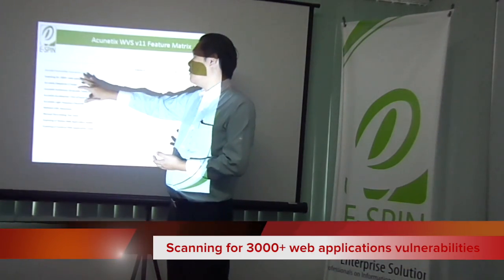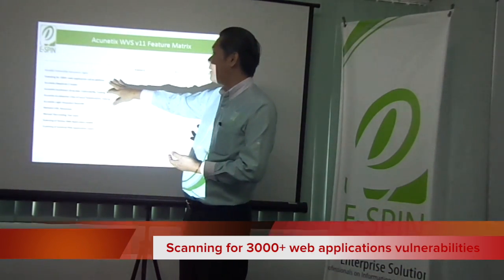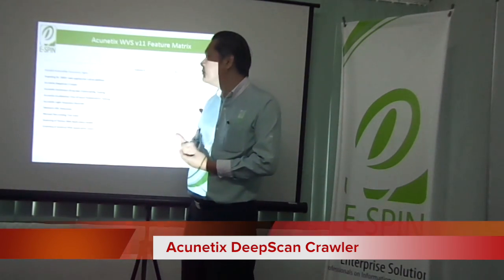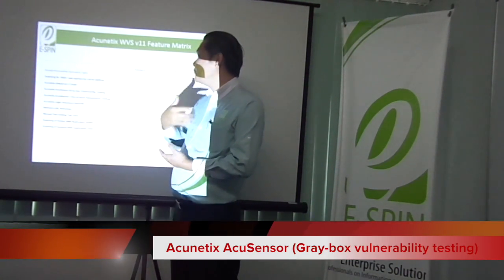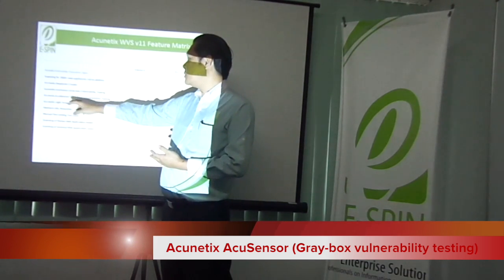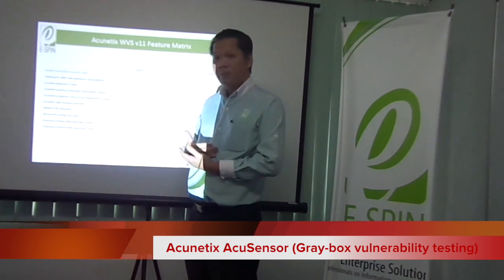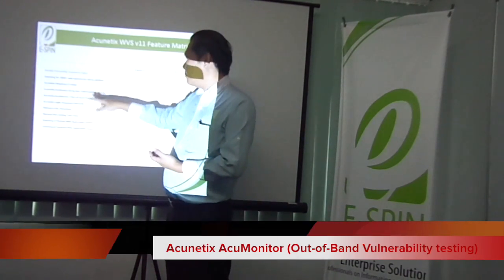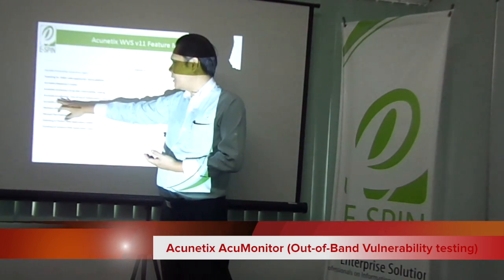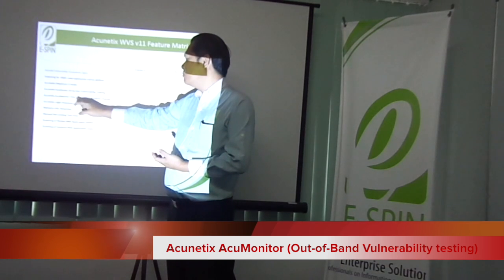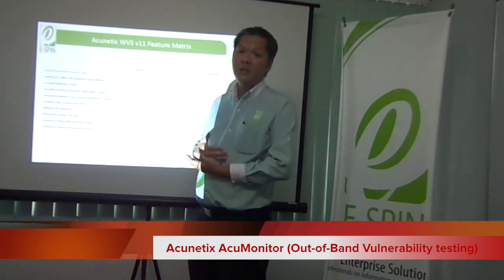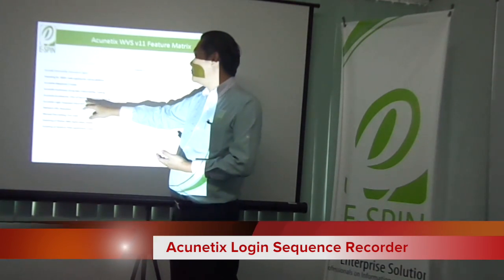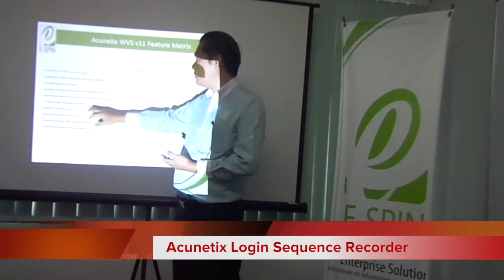From the scanning of 3,000 plus web application vulnerabilities, Acunetix DeepScan, we are talking about the features. The Acunetix AcuSensor gray box vulnerability testing with the installation of the agent is continued to be here. Acunetix AcuMonitor out-of-band vulnerability testing, and then the Acunetix Login Sequence Recorder is continued to be here.